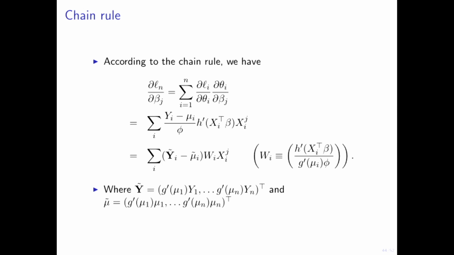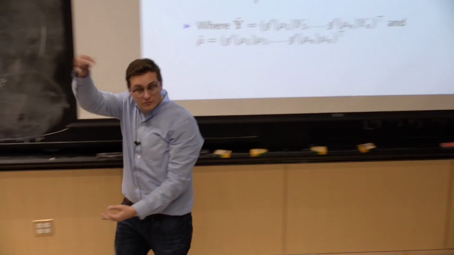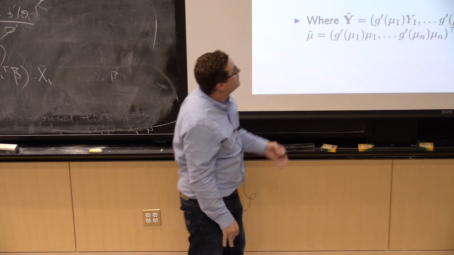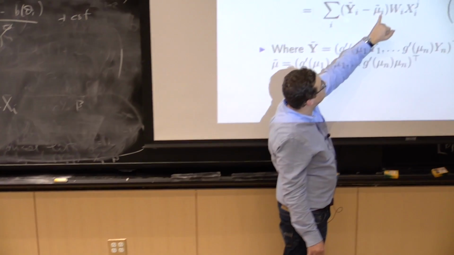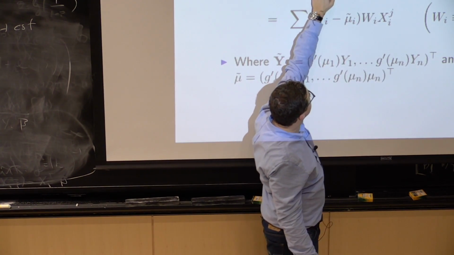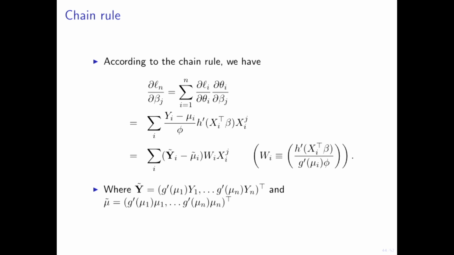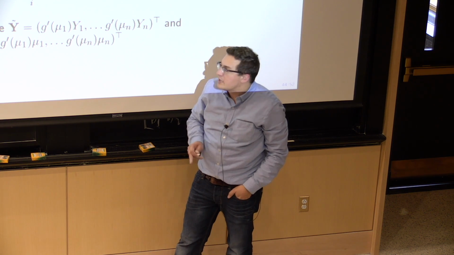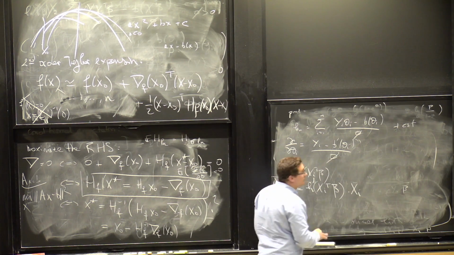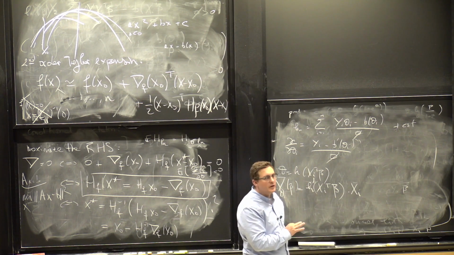So here, this thing is written coordinate by coordinate. But I can write it as a big vector when I stack them together. And what I claim is that this thing here is of the form y minus mu. But here I put some tildes because what I did is that I multiply everything by g prime of mu for each mu. On this slide it will make no sense why I do this.